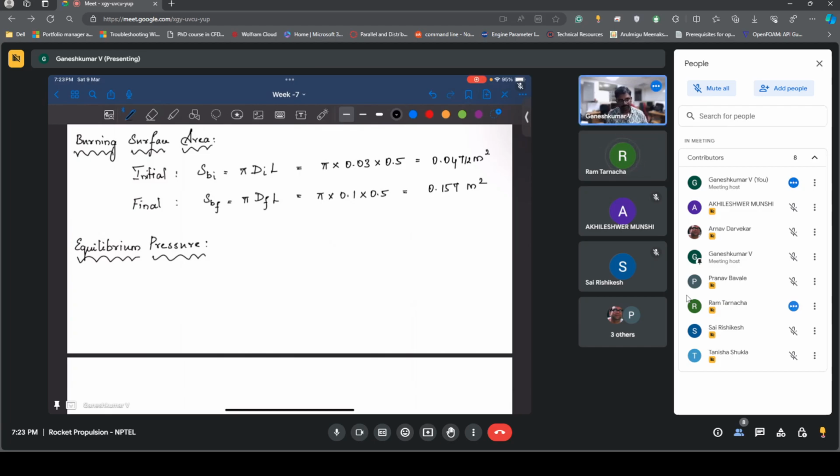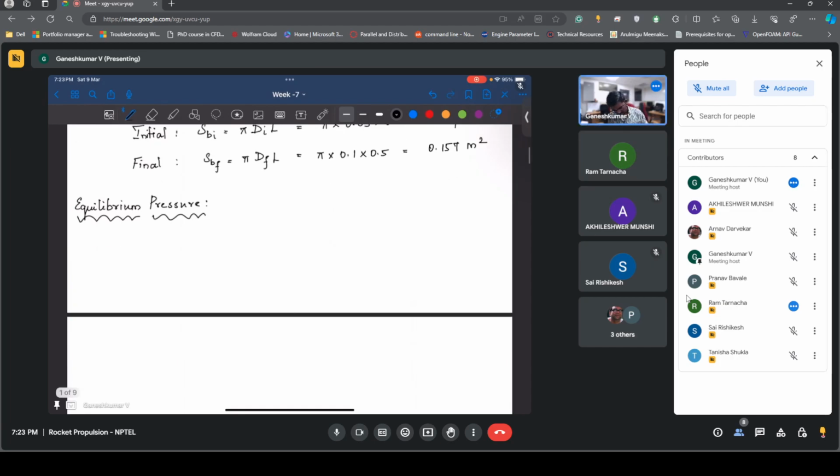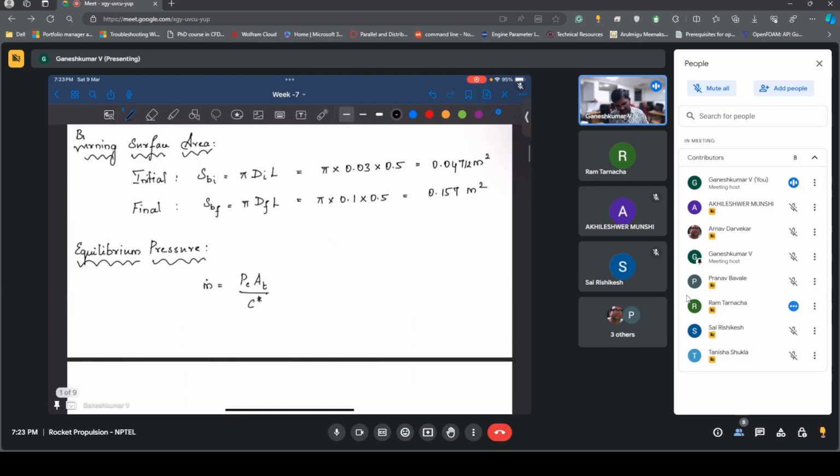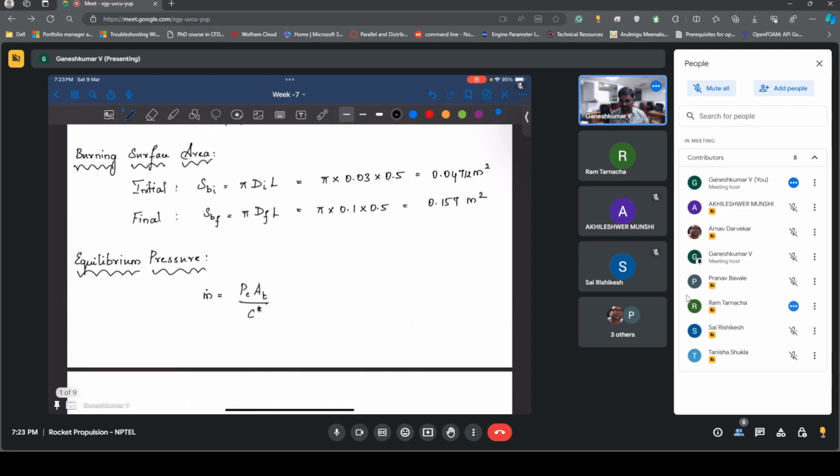True. So from there we can find out. That is what we are going to do. You are right. So the mass flow rate comes from the C star definition, P_c A_t by m dot. Since C star is given, we can directly use this.